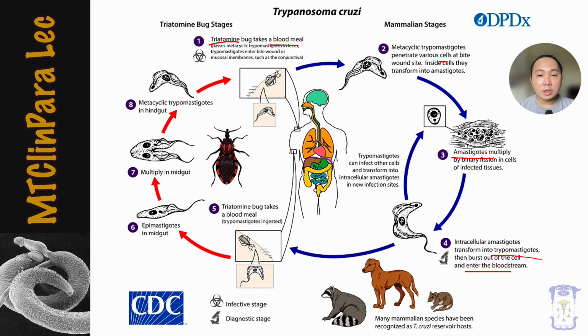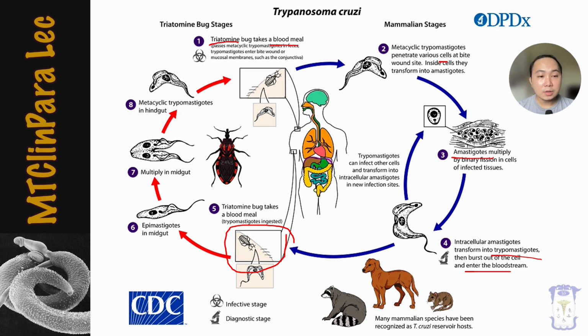Of course, if another blood meal is taken, by getting bitten by a Triatoma bug, this Triatoma bug will harbor the trypomastigote, which are present in the bloodstream of the infected person.